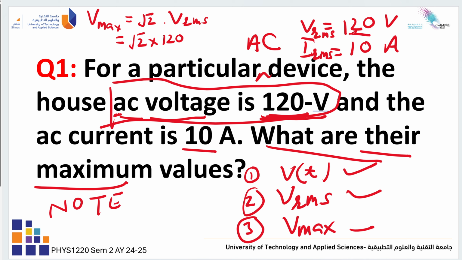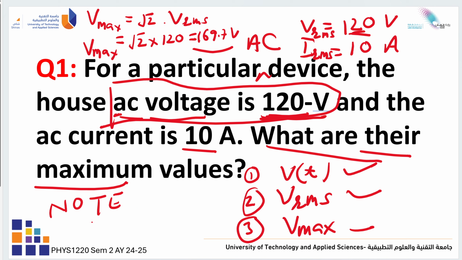I am taking the value from here, and if I calculate it in my calculator, root 2 multiplied by 120 comes to 169.7 volt. So this is the value of the V maximum.